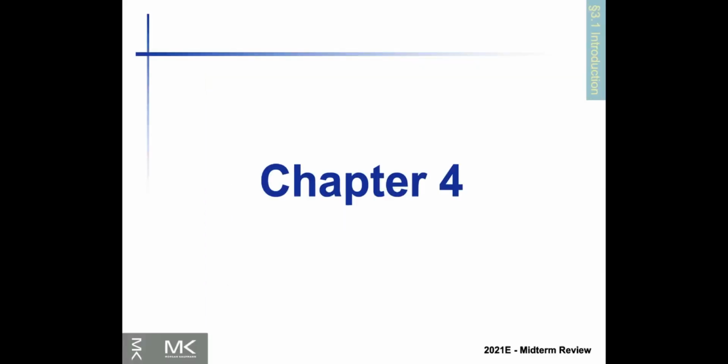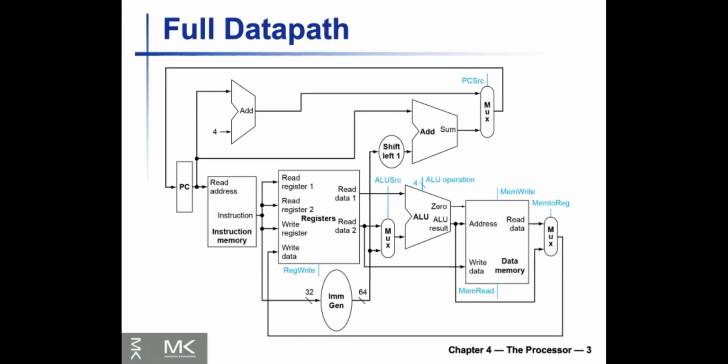So in chapter 4, we talked about the data path. We started to use Verilog, and this is the main data path of the RISC-V that we had. We started here with the program counter, which receives the address.